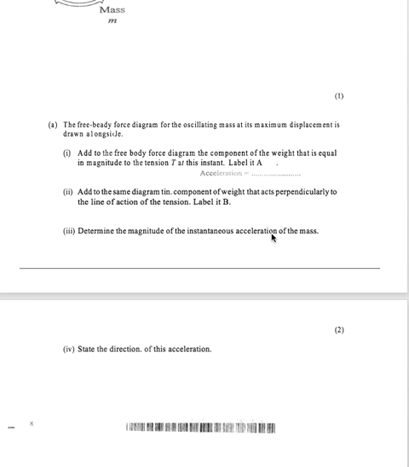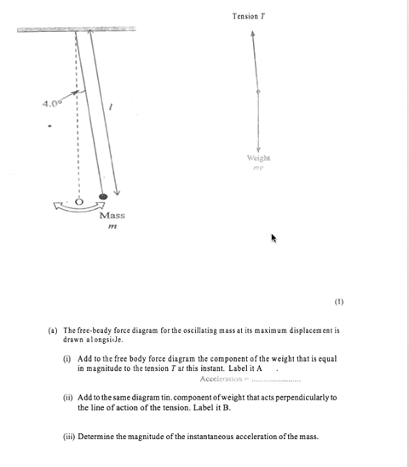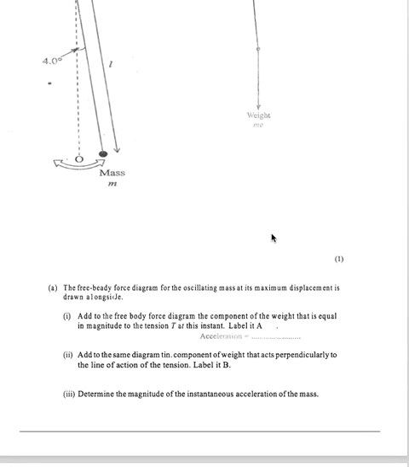Determine the magnitude of the instantaneous acceleration. Well, here, of course, we're going to have to work out the component of the weight, and that is going to be equal to ma.